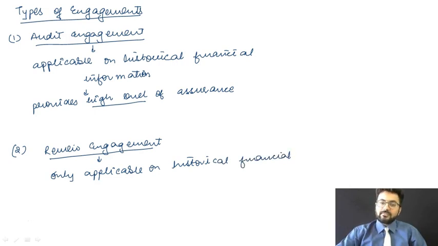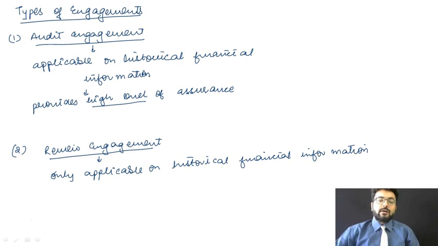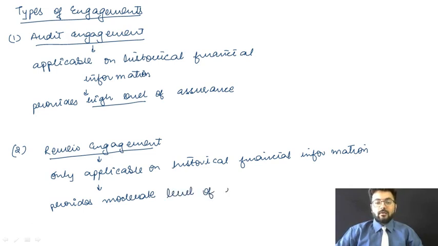Historical financial information means which you have already prepared. Now, moving on to next, it provides a moderate level of assurance. Got it? Yes, please. Should I go ahead?